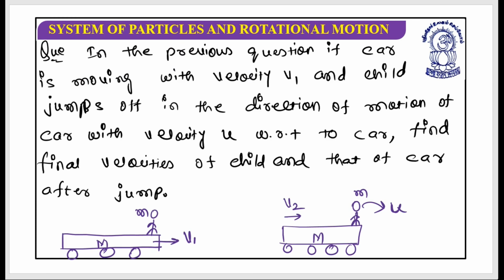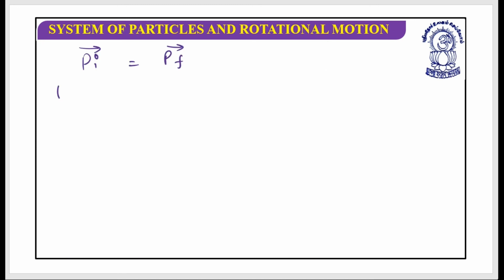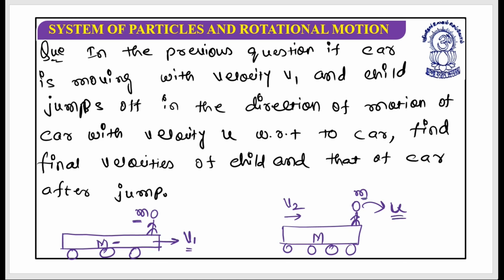The initial momentum, as the combined body is moving in the positive x direction, is capital M plus small m, moving with a speed of v1, and it should be equal to the final momentum. Suppose the child jumps off in the direction of motion of the car.